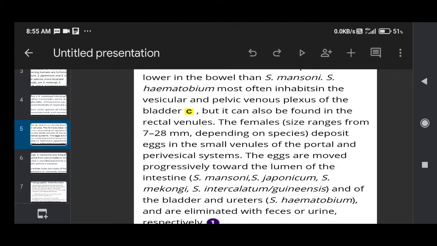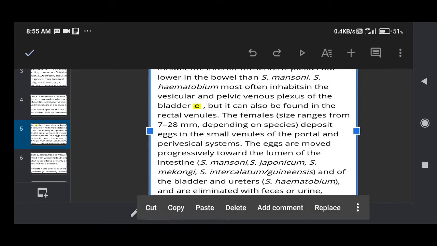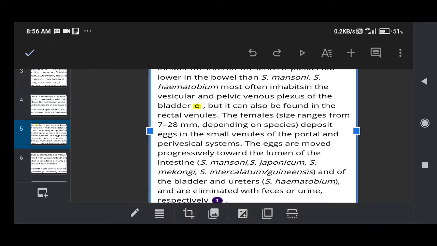Schistosoma mansoni and haematobium mostly inhabit the vascular and pelvic venous plexus. Generally, these parasites live in the pelvic region, in the blood vessels present there.